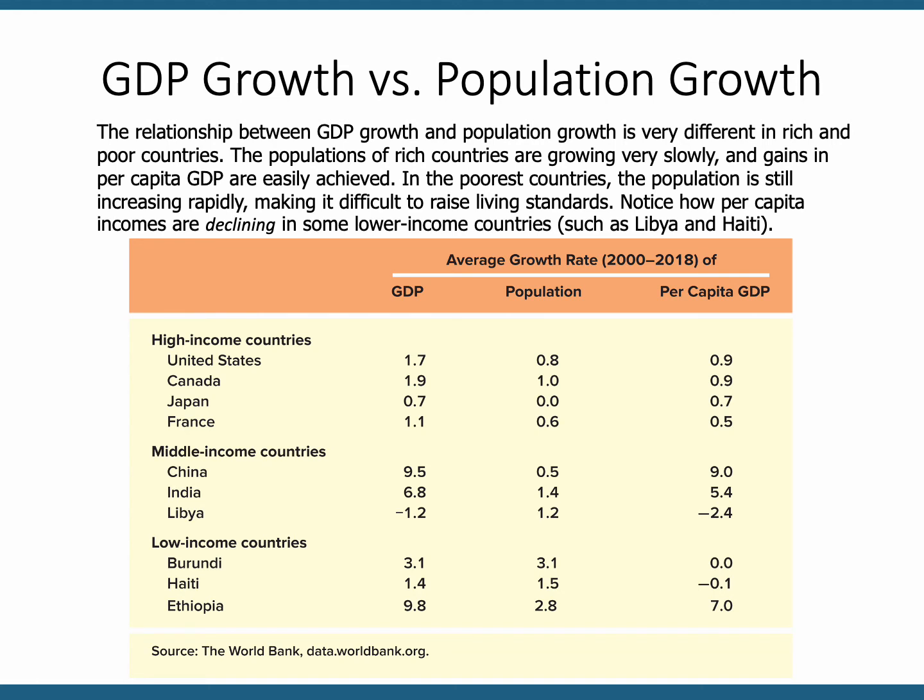That's typical in poor countries. The population grows faster. So you can see Haiti even had a decrease in per capita GDP. That means that their standard of living declined over those 18 years. Check out China, though. China has been increasing really fast. Almost 10% per year increase in GDP over 18 years.